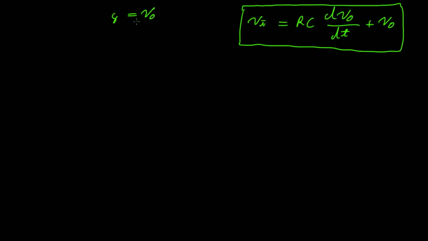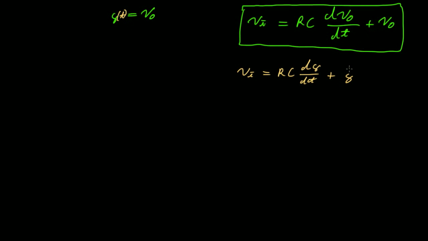If I make that substitution, this is going to look very familiar. Our input voltage Vi is equal to RC times dy/dt plus y. So if this V0 was confusing you at all, maybe this will make it easier: we are trying to solve for y as a function of time.